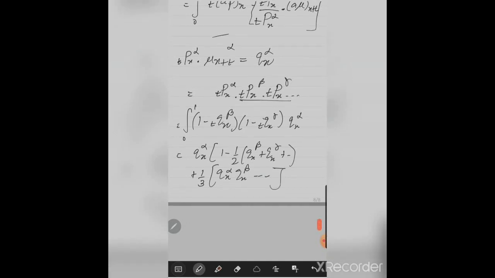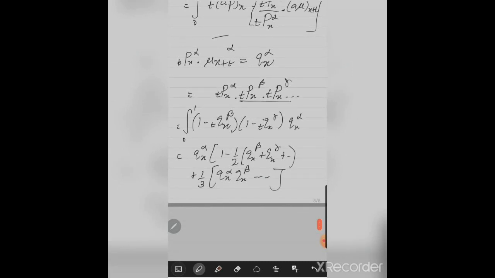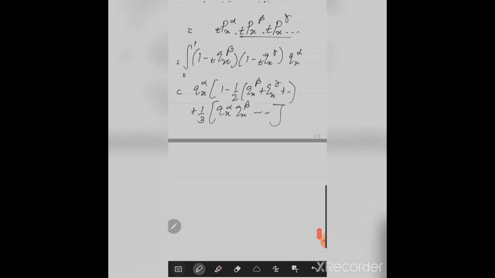And again, if we are considering the situation of two ways, I get aq x alpha is the same as qx alpha times 1 minus half qx beta.